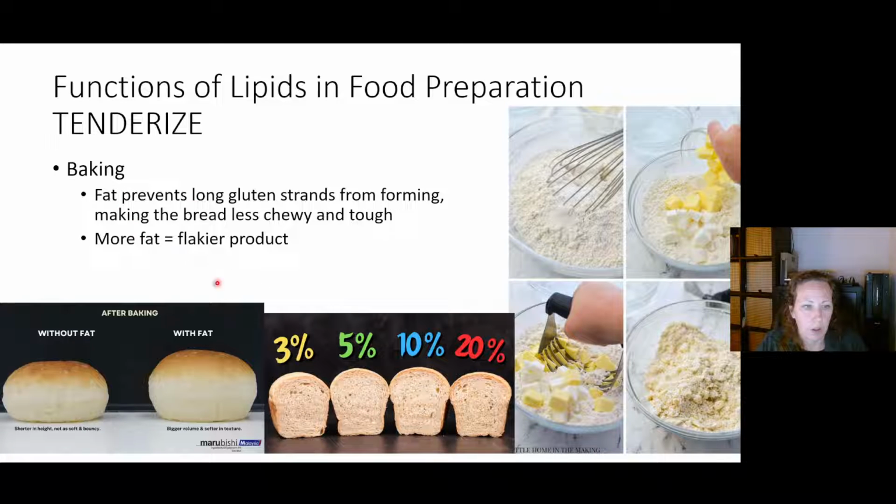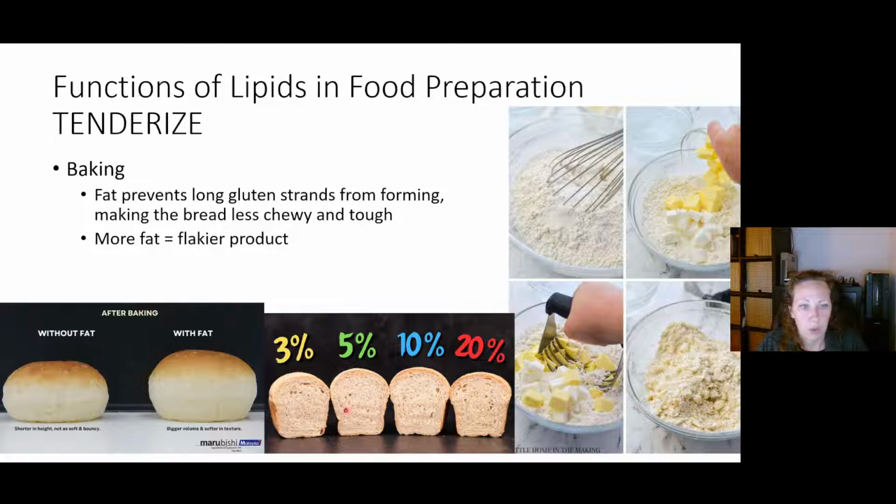So here is an example of a little experiment where they added between 3 and 20% fat, and you can see that this 20% fat bread was not able to get the same rise as the 3, 5, or 10% fat.